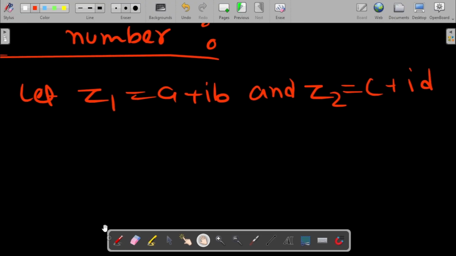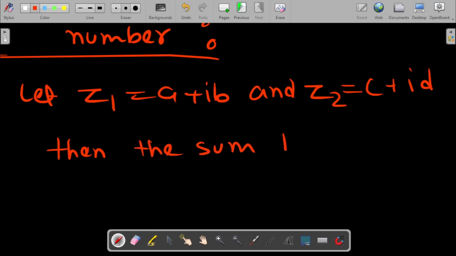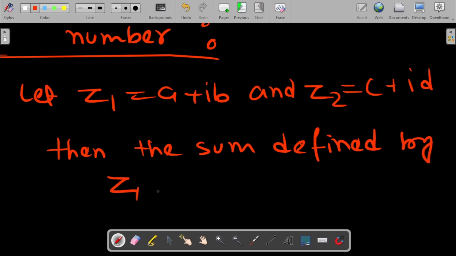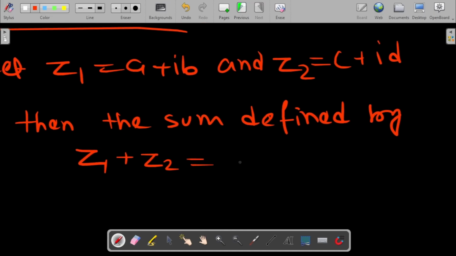Then the sum is defined as Z1 plus Z2, and it is equal to a plus c plus i(b plus d).